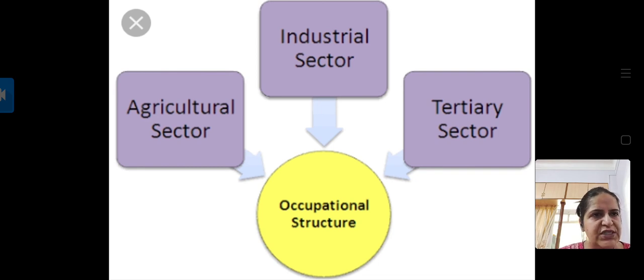It goes for processing in the industry and we get various products from sugarcane, and the common one is sugar. Then that sugar is not kept in factories or warehouses, it is transported. So the tertiary sector plays a very important role here. All three are connected with one product. These are the examples.